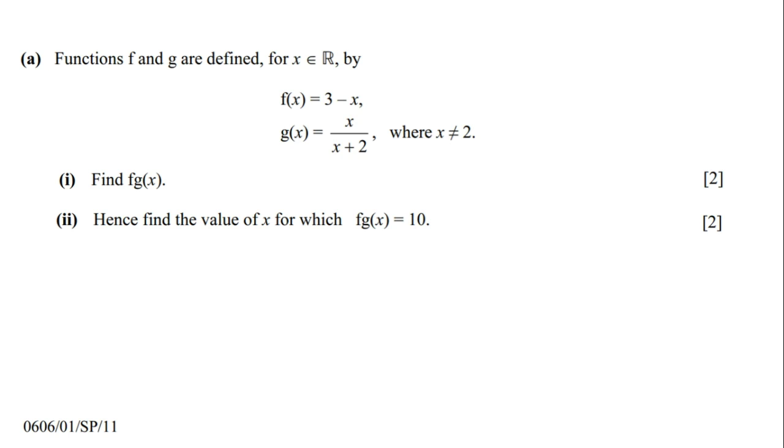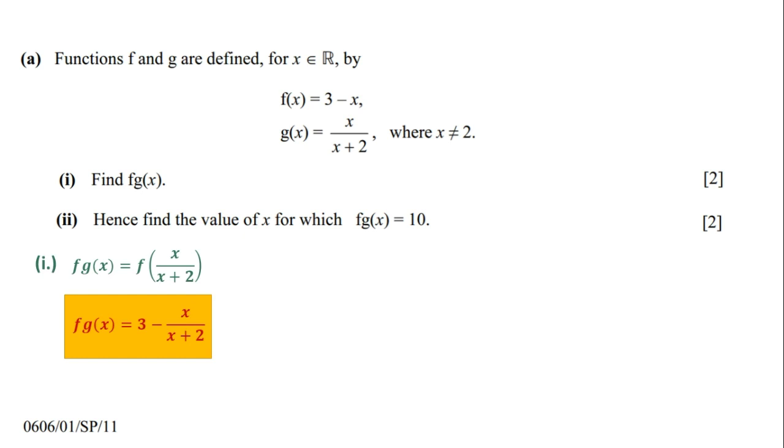Okay, so if we want to look for f of g of x, g of x will be an input into the f. Therefore, I'm just going to change the x on the f and will make it the value of the g of x, which is x over x plus 2. There, it will become 3 minus x over x plus 2.